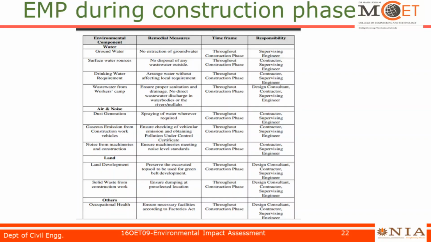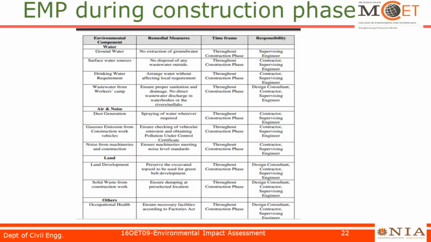Gas emissions from construction work vehicles, ensure checking of vehicular emission and obtaining the pollution under control certificate. Noise from machineries and construction, ensure machineries meeting noise level standards. As far as land is concerned, your land development, so preserve the excavated topsoil to use for green belt development. Solid waste from construction work, ensure dumping at some pre-selected location. Others, occupational health, ensure necessary facilities according to Factory Act.